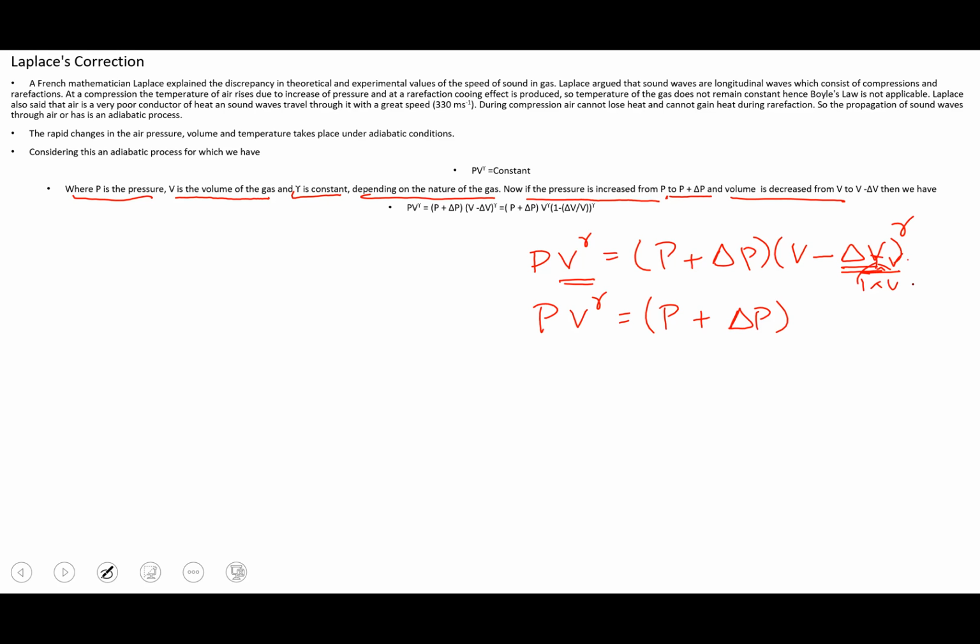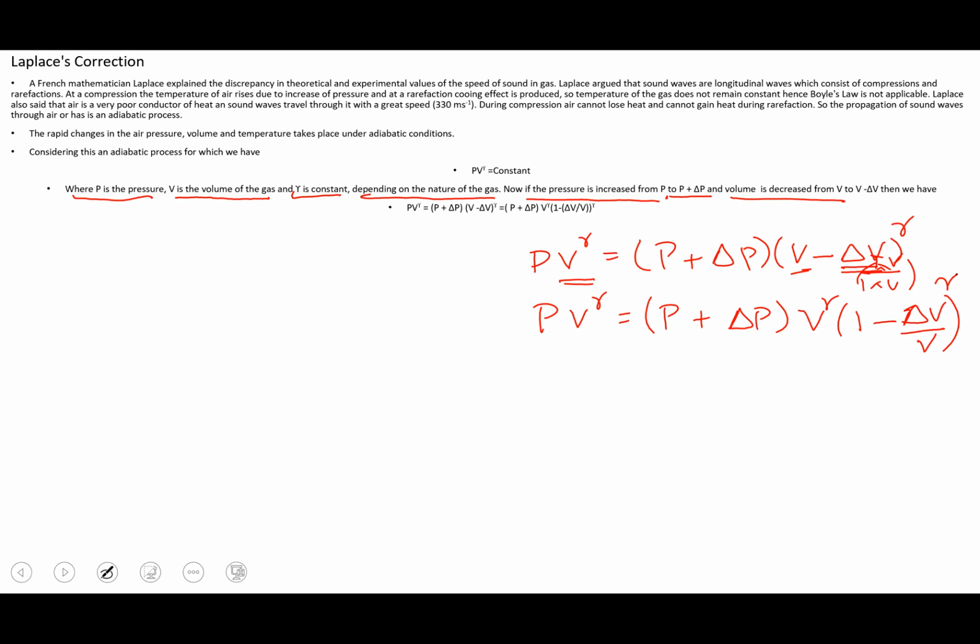So we have V on the top as well as V on the bottom. We take the V on the top as common. So it will be V^gamma, and this component is going to be 1 minus delta V, with the bottom V remaining as it is. So it will be delta V divided by V whole gamma.